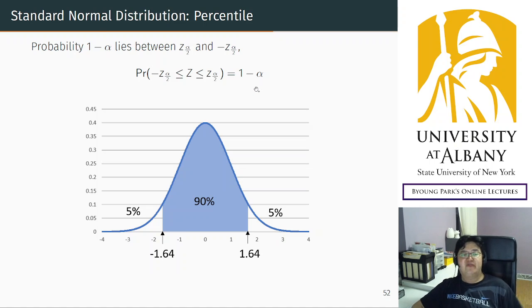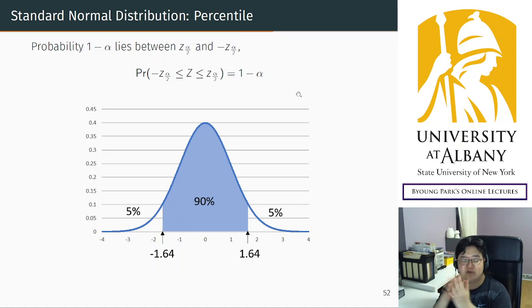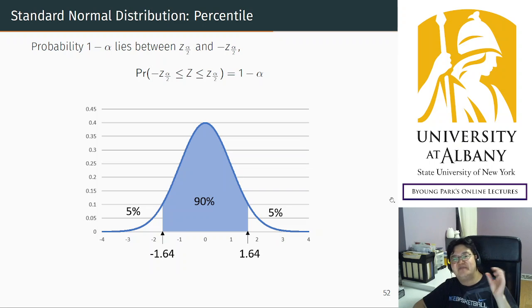Okay, so far we have considered the basic ways to calculate probabilities or the values implied by the probabilities, right? The idea is to use Excel and a little bit of manipulation.